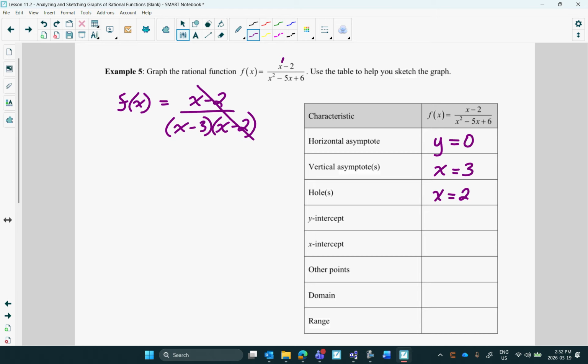And what am I left with? Well, this is just 1 over x minus 3. So I have the graph 1 over x minus 3. And then keep in mind when I sketch it to put a hole where x is 2.